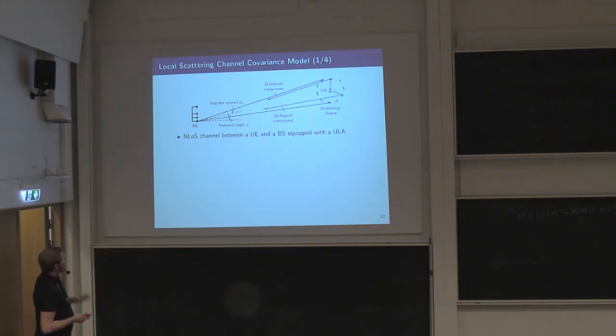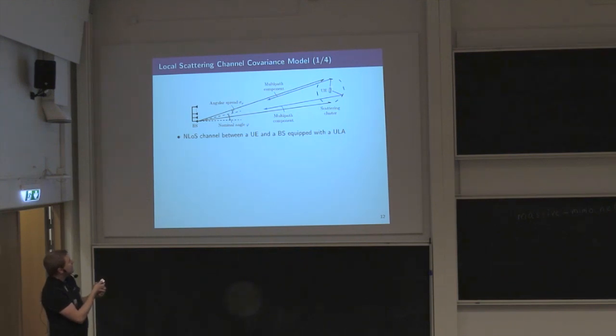The model that I'm going to introduce to you now is called the local scattering channel covariance model. The idea is that you have an array at the base station, with a uniform linear array, for example. So the distance between the antennas is equally large. Then you have a user located somewhere else, and there is no line of sight path between the base station and the user.